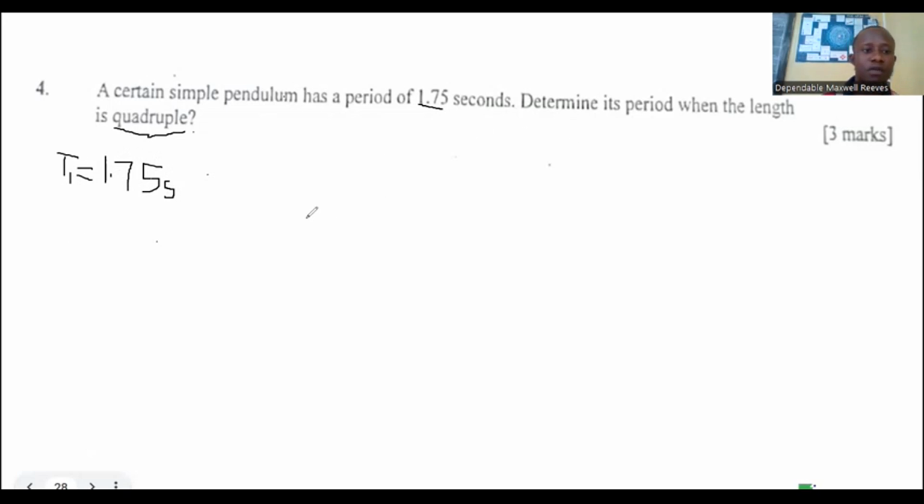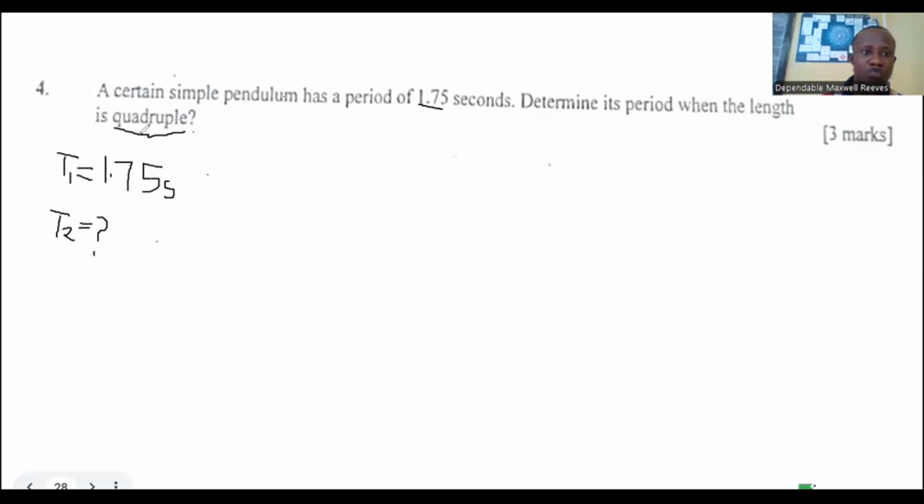Determine its period, that is the value for T2. We are already given T1, so T2 is unknown. We were asked to determine T2. So T2 or period 2 is equal to question mark. The length is also unknown. We were not given the original length of the pendulum, so we can say the original length L1 is just equal to L.